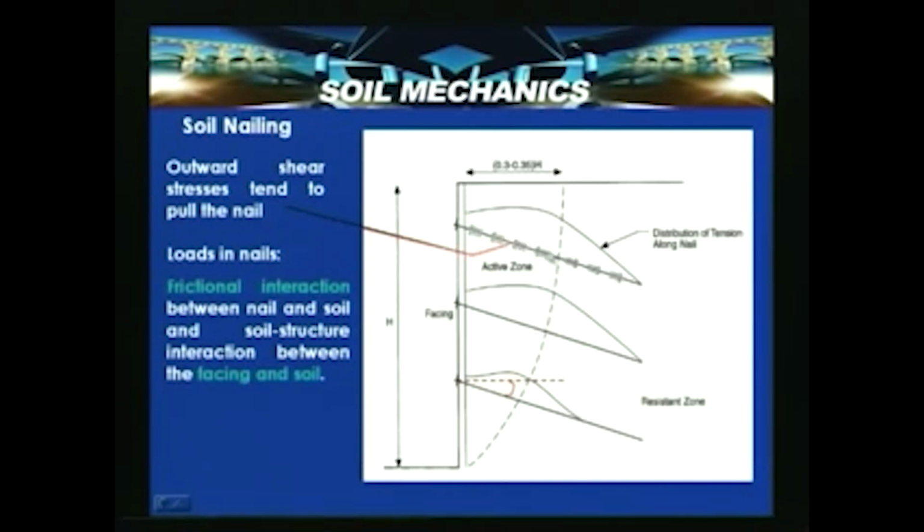In the active zone, this portion is trying to be pulled out and this portion is trying to pull inside. This outward shear stress tends to pull the nail, but it is resisted by the embedded depth. So it requires a certain length so that it can generate these forces in the resistant zone.